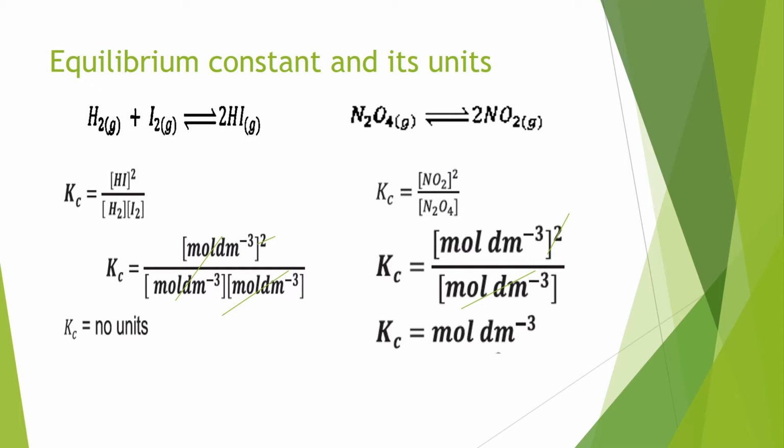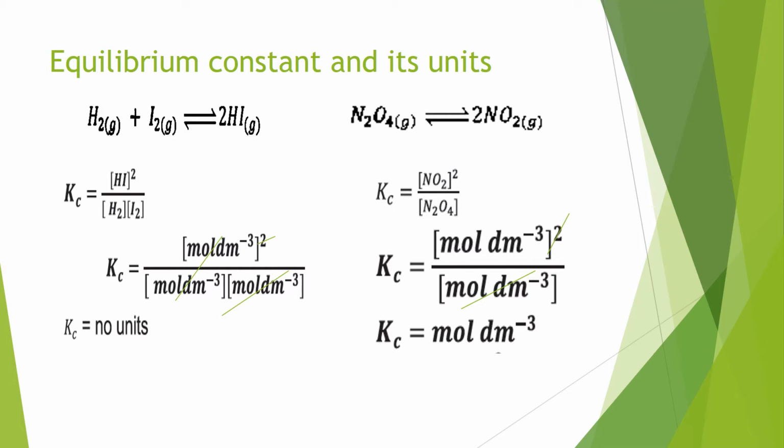Now these can be cancelled out, as you can see clearly, and finally we find the Kc expression for this reaction. This Kc expression does not have any unit because all the values in the numerator and denominator have cancelled out each other.